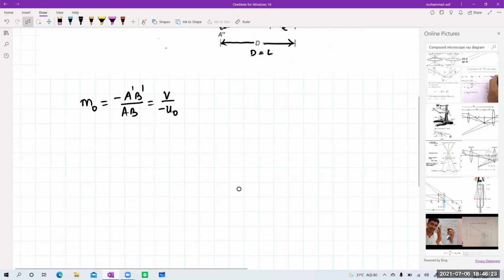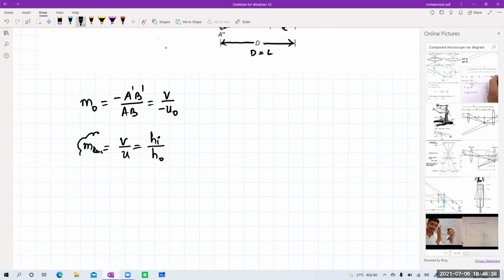The magnification for the eyepiece, if I write ME, will be equal to V by U, that is the height of image divided by the height of object. For any convex lens, M is equal to V by U, or the height of image by height of object.